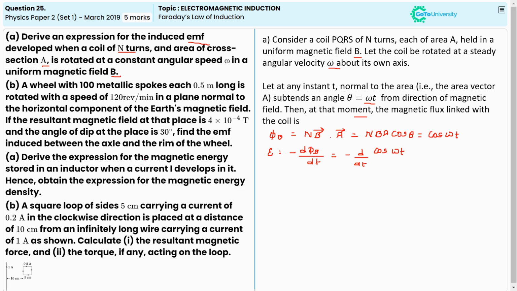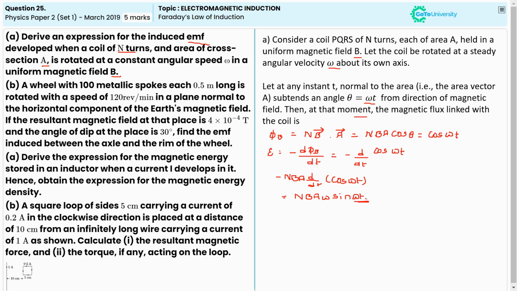Then we get the resultant as minus n B A d by dt of cos of omega t. If you remove the negative symbol, then n B A times minus cos of omega t differentiated is nothing but n B A omega times sine of omega t.